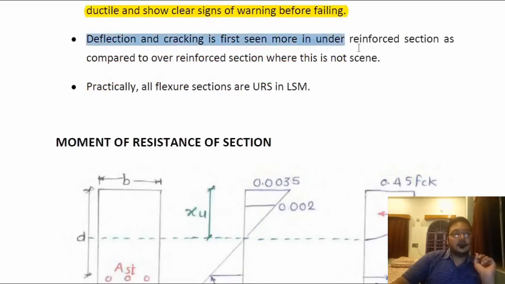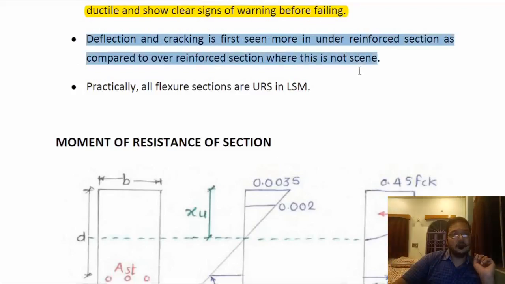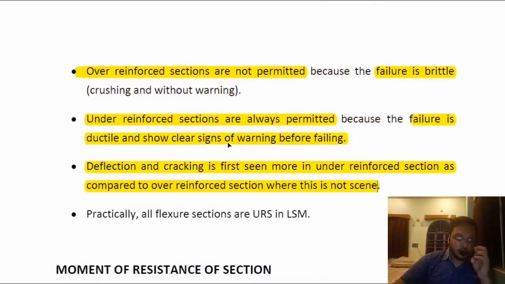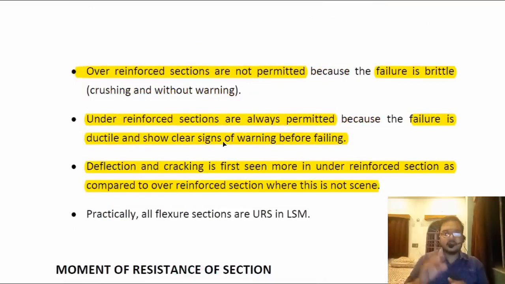Deflection and cracking is first seen in the under reinforced section, compared to the over reinforced section where this is not seen. So you can see that in an under reinforced section failure occurs in steel, and in an over reinforced section the first failure occurs in the concrete.